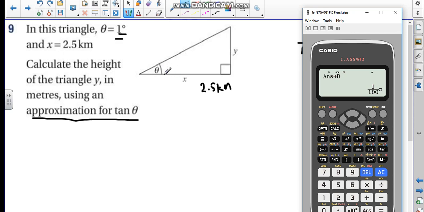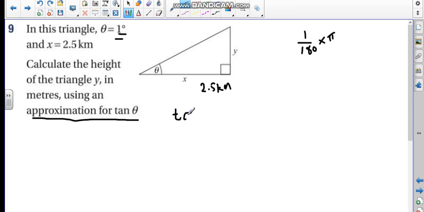So that's the angle. This is 2.5 kilometres, and I want to find this one. So I need to use my trig ratio. This is the opposite and this is the adjacent. So I know that tan theta equals the opposite over the adjacent. So in this case, y over 2.5.